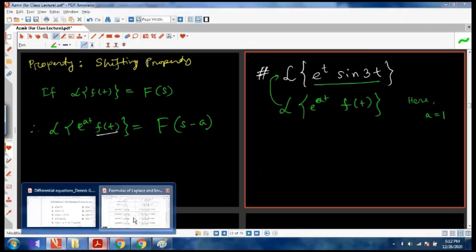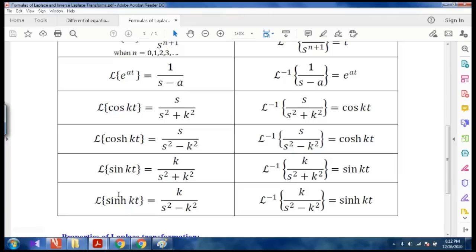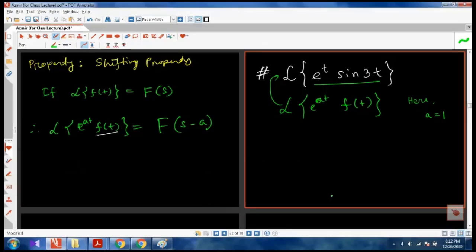But for sine, cosine, hyperbolic cosine, hyperbolic sine, I have used the letter k. So what is the value of k here? Sine kt, k is 3. Okay. So these are our values that we have found.